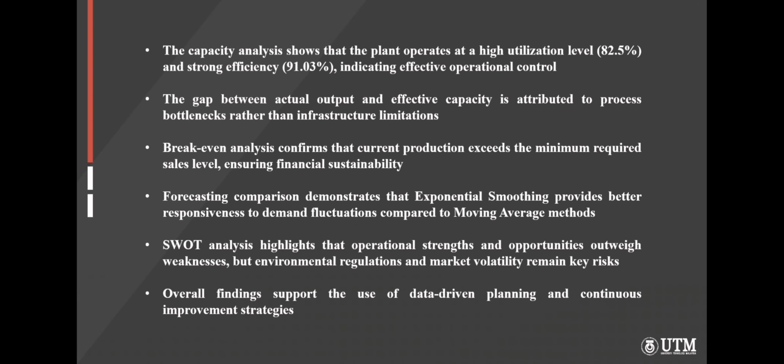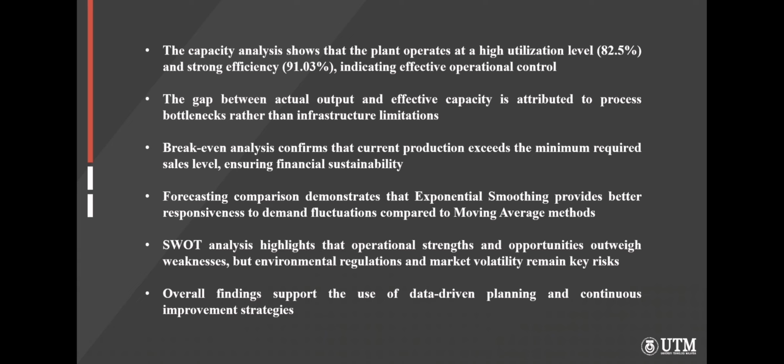Discussion. For our discussion, we highlight several key insights. The first one is that the plant operates at a pretty high utilization level, which is 82.5%, and also strong efficiency around 91.03%, with the gaps likely due to process bottlenecks rather than the infrastructure.